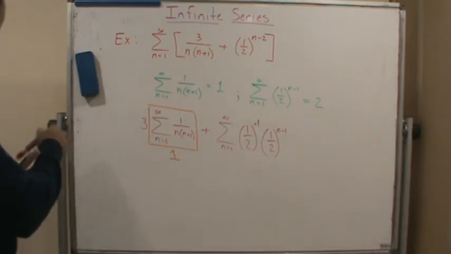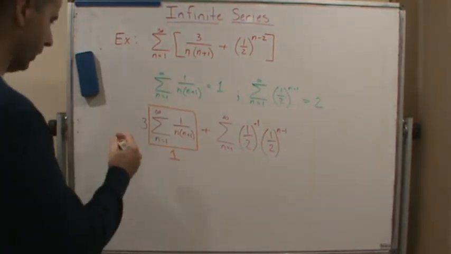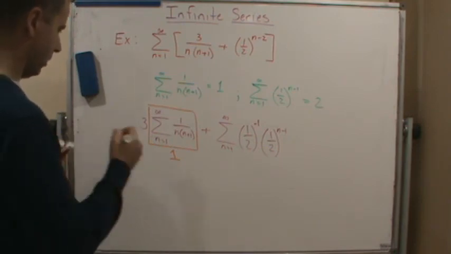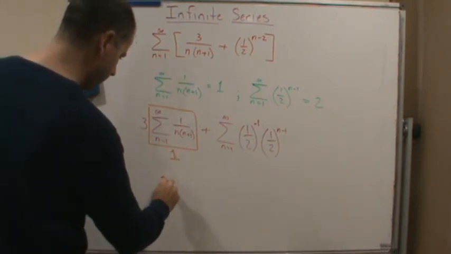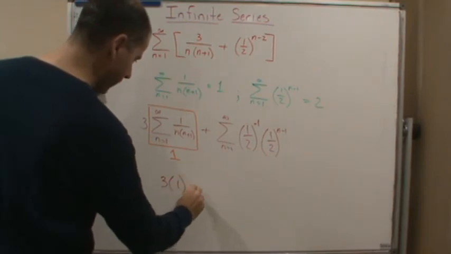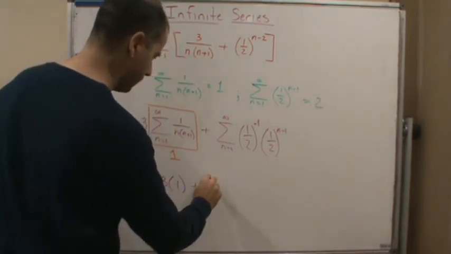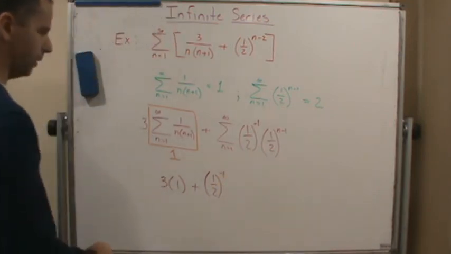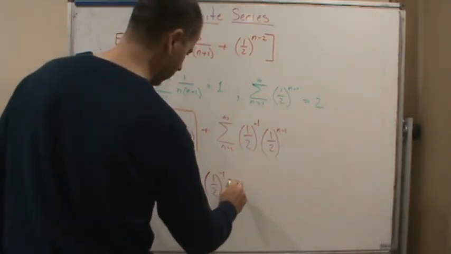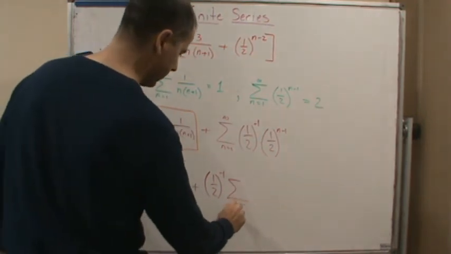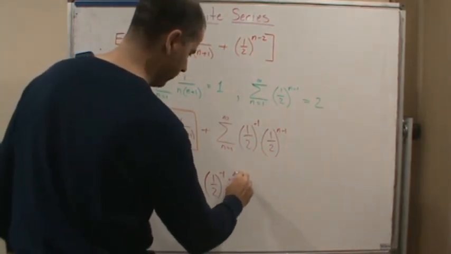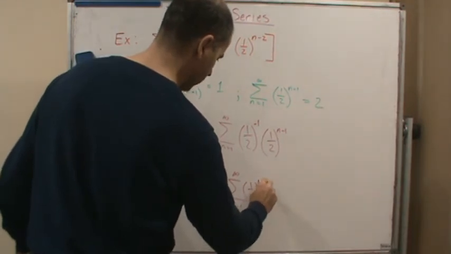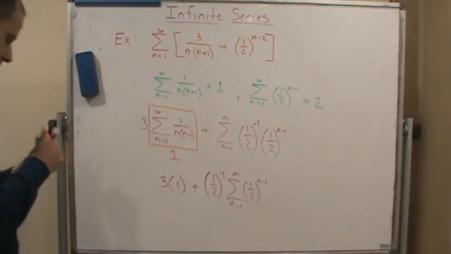So what I end up with is 3 times 1 plus, and then this becomes 1/2 to the negative 1 power times the series n equals 1 to infinity of 1/2 to the n minus 1 power.